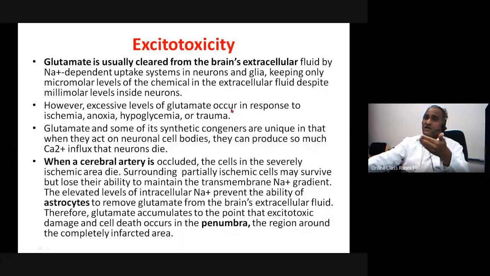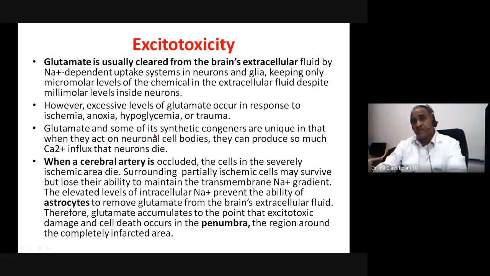So these excessive levels occur when there is ischemia, anoxia, hypoglycemia, or trauma. When that happens, because of the excess, they open up the calcium channels. An enormous amount of calcium enters in. The calcium entry triggers a number of cellular mechanisms. All the lysosomes or lysozymes are activated.